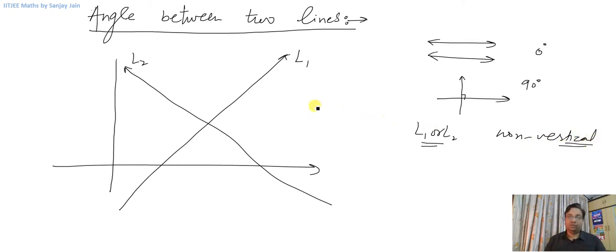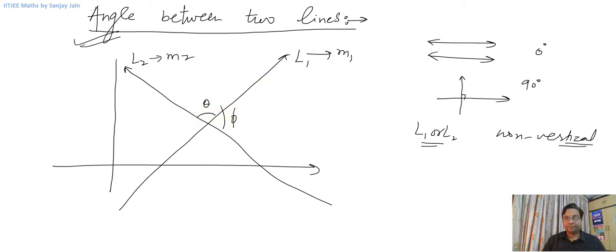Their slope is not defined. But in this article, I am going to talk about the angle between two lines in terms of their slopes. So if I am going to talk about L1 and L2, let us say their slopes are m1 and m2, and the angle between these lines can be this angle or this angle.